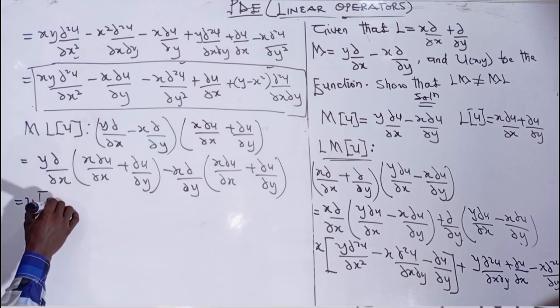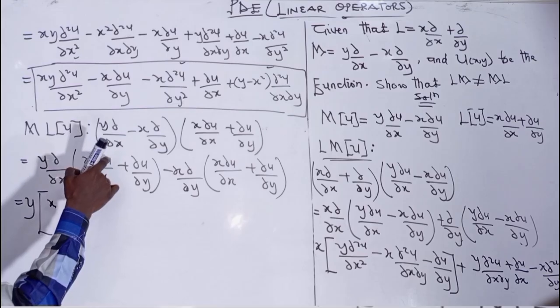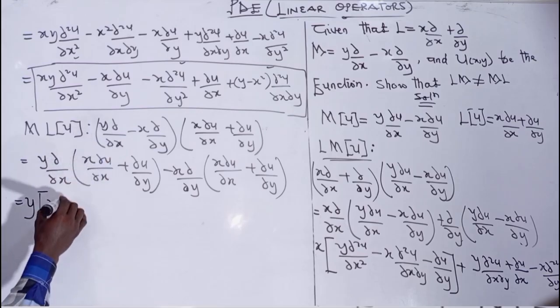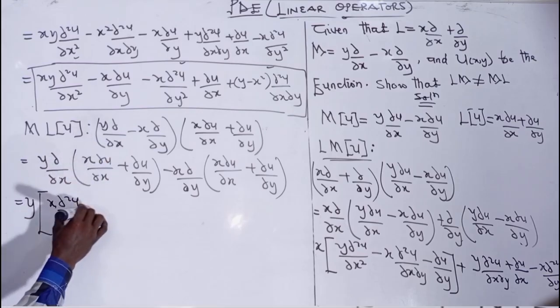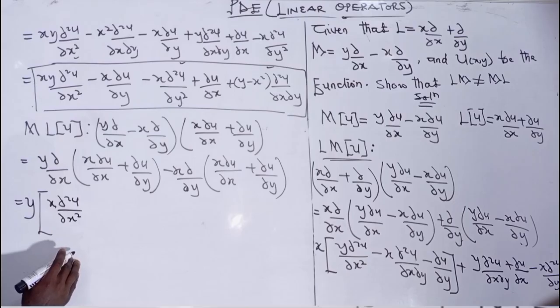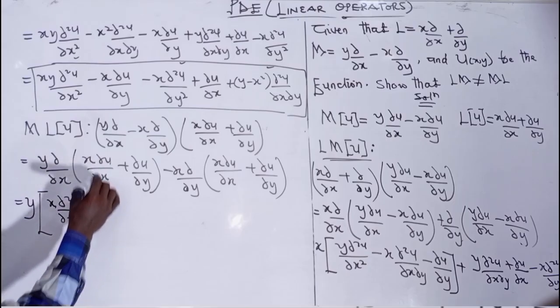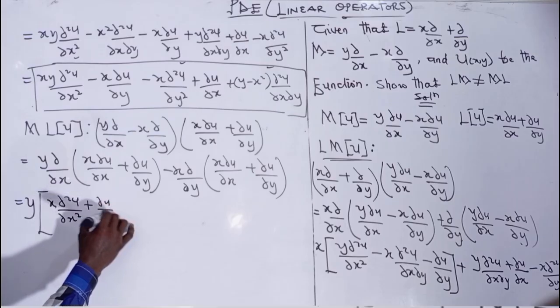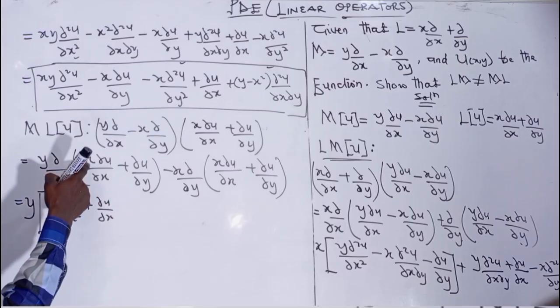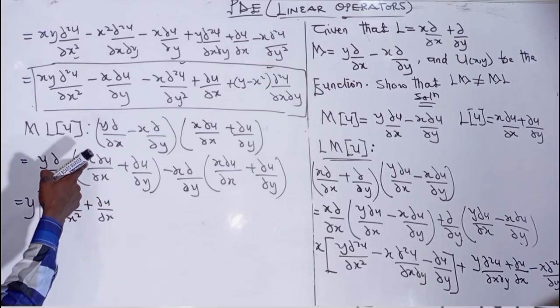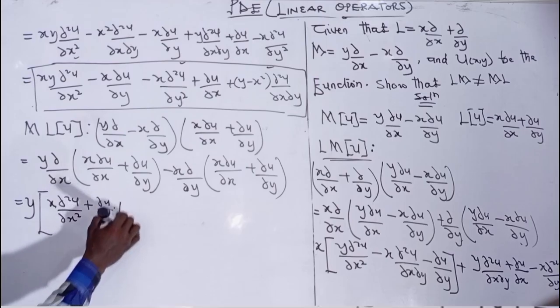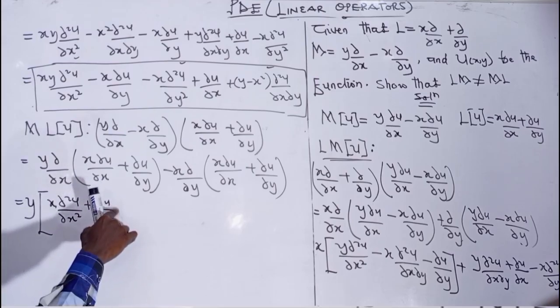We keep x. When we differentiate ∂u/∂x, we are going to get ∂²u/∂x². Then we keep, so we have plus, we keep the ∂u/∂x, we differentiate x with respect to x. When we differentiate x with respect to x, we are getting 1. So this is the same as that.